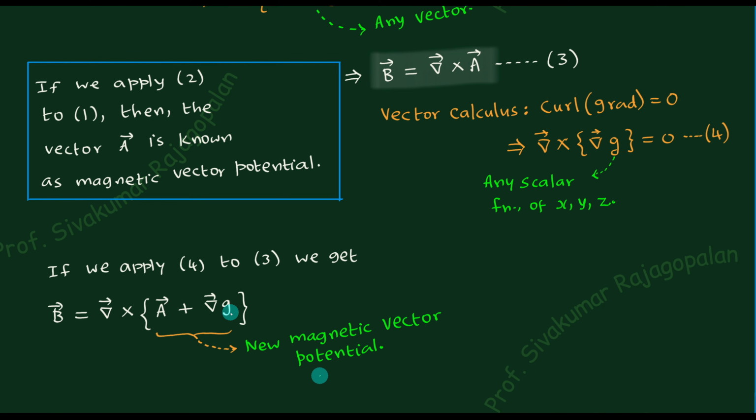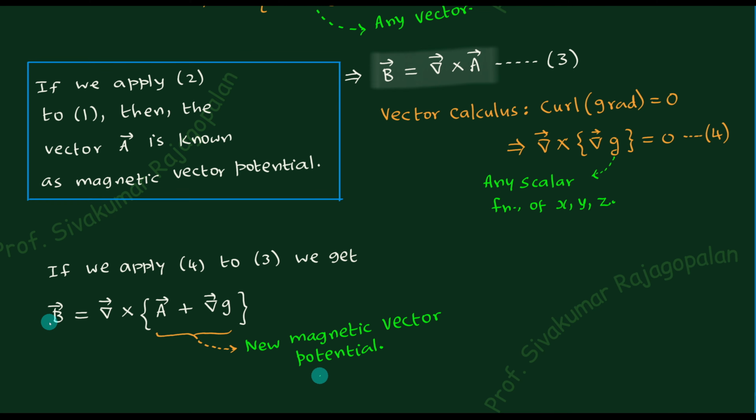So that means as long as you have the freedom of taking any scalar function, how many such additions you can do? You have infinitely many possibilities of adding different values of the gradient of a scalar function. And therefore you can generate infinitely many magnetic vector potentials. But the point to be noted is that for all such magnetic vector potentials, the original magnetic field will not change.